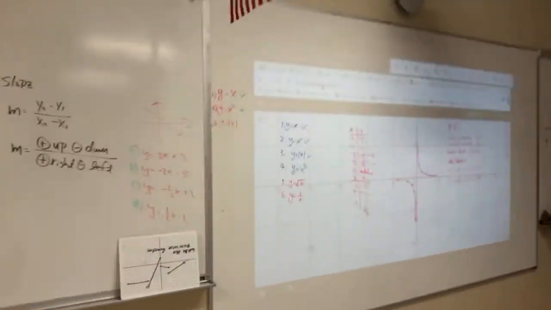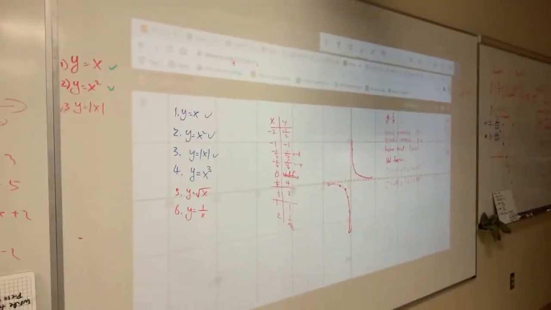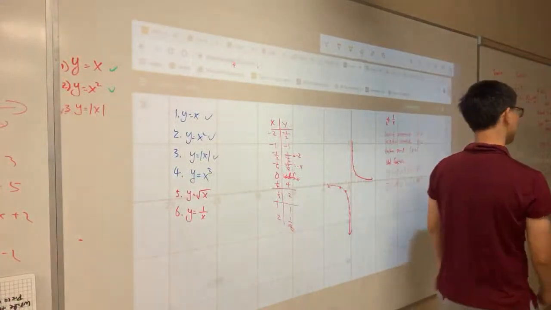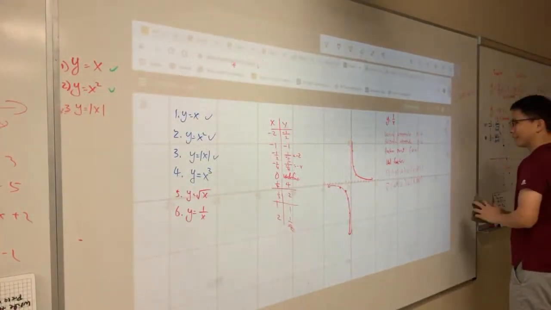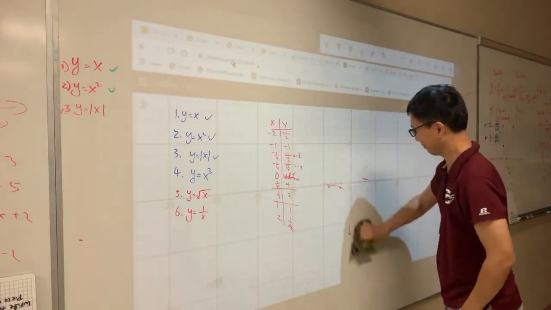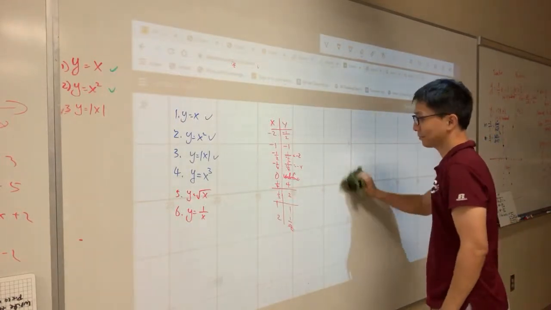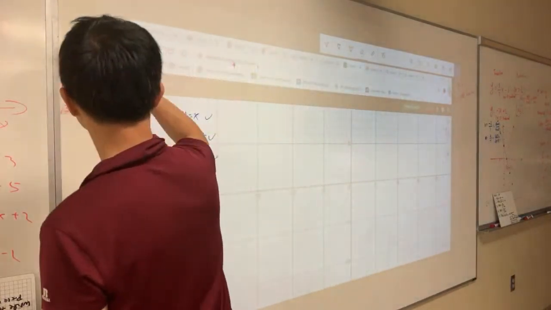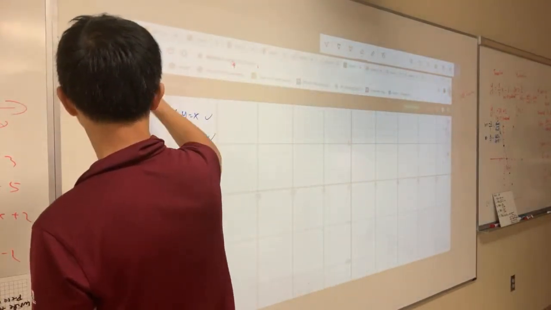I don't have graphing paper, Mr. J. No, I don't. What do I look like? Walmart? What do I look like? Office Depot? Do I look like that?